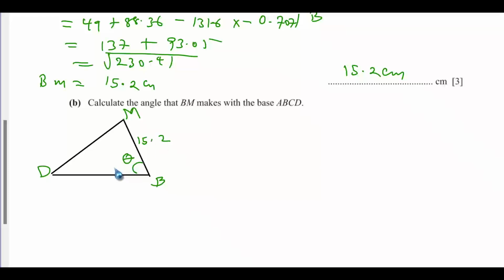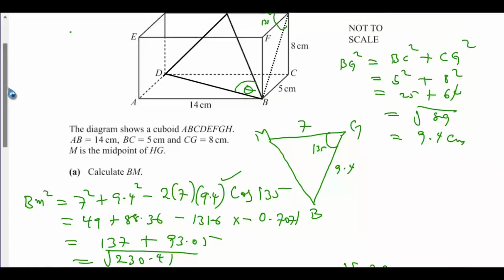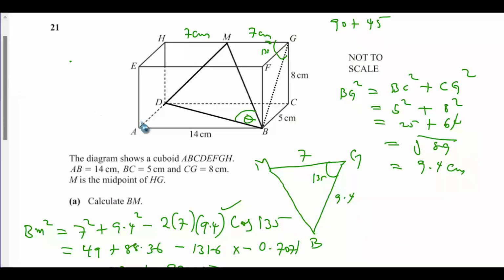We need to find BD and then DM. We can find BD from here, because this is a right angled triangle, so we can use Pythagoras theorem. AB is equals to 14 and AD is equals to 5, so we need to find the diagonal BD.